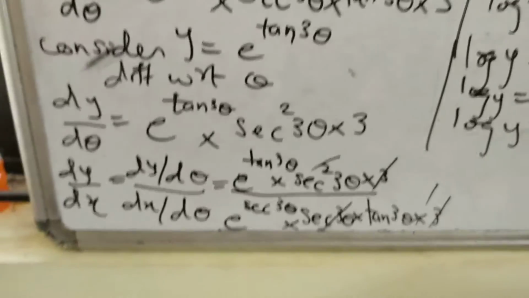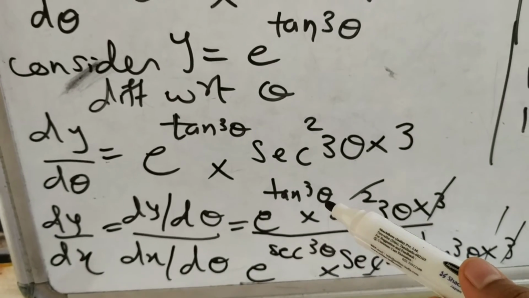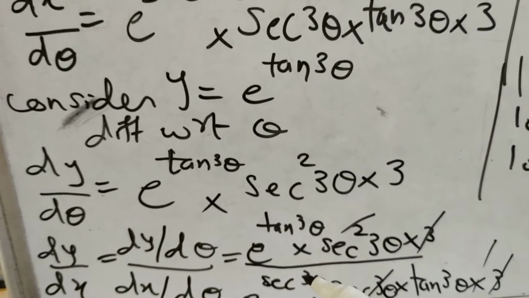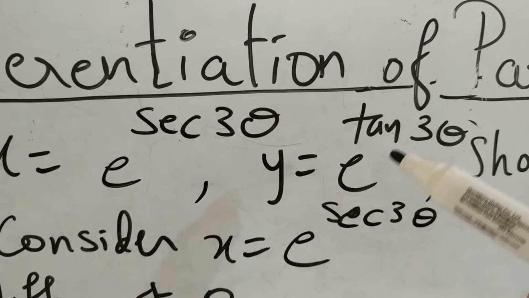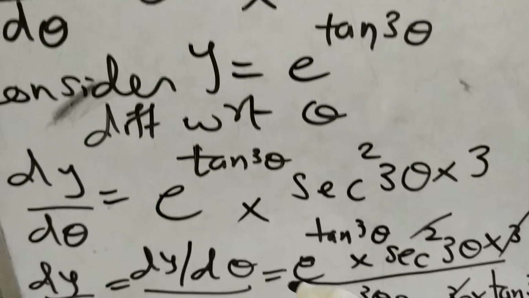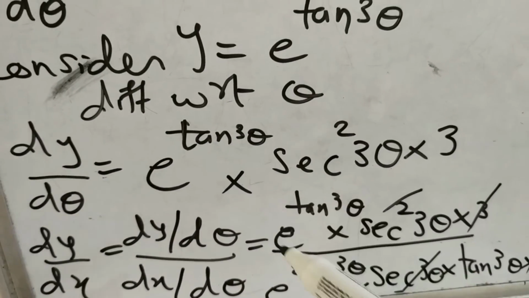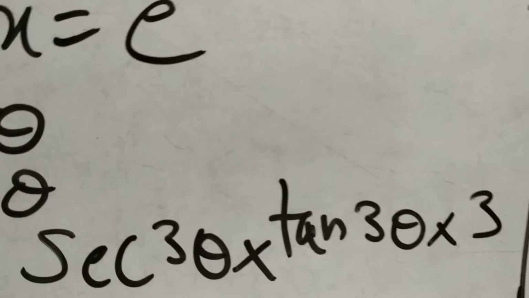So what we got in dy by dx is e raised to tan 3 theta. What is e raised to tan 3 theta? y equals e raised to tan 3 theta. So in place of e raised to tan 3 theta, let us substitute y.